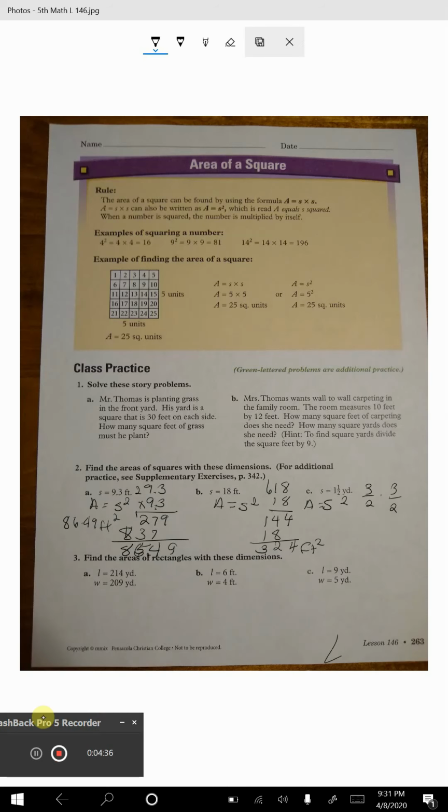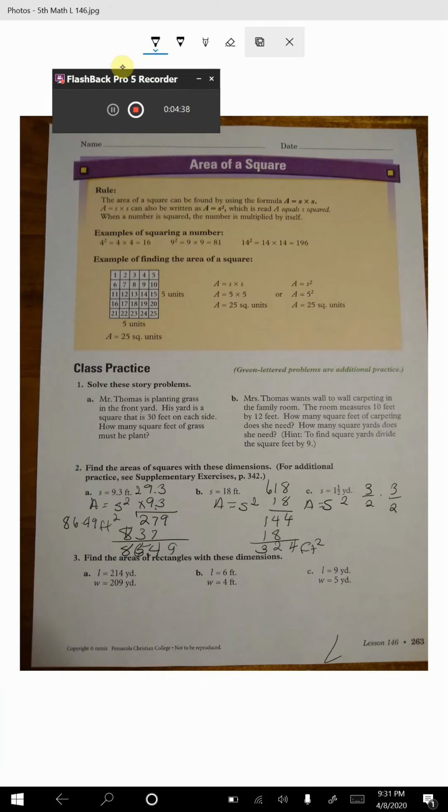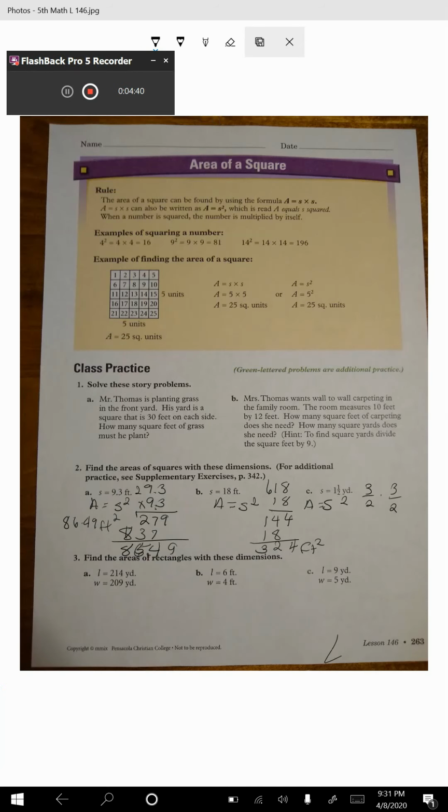All right, 3 over 2 times 3 over 2 is 9 over 4. 4 goes into 9 2 times with 1 left over, 2 1/4. And I am correct. Yards squared.